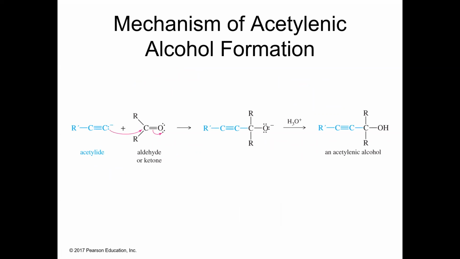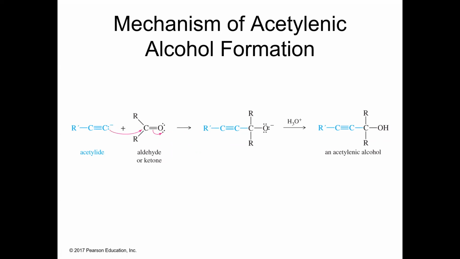So here's the general reaction. If we start with an acetylide and react it with an aldehyde or ketone, this adds, and then when the reaction is complete, we add dilute acid, and we get an acetylenic alcohol.